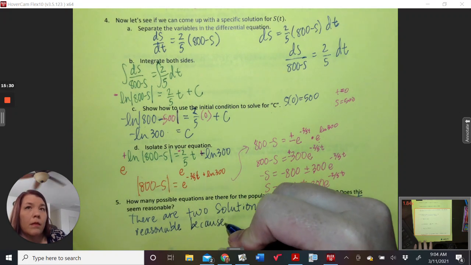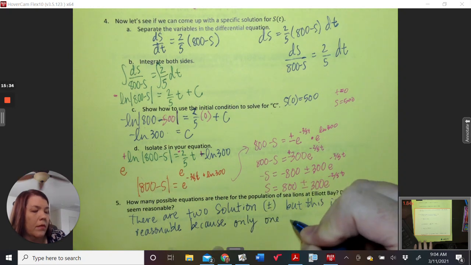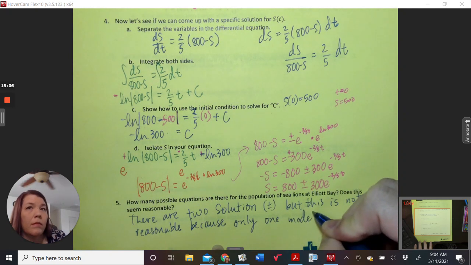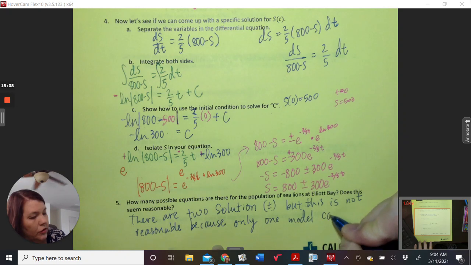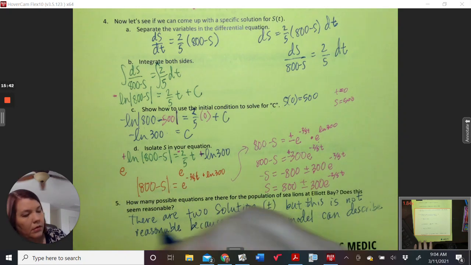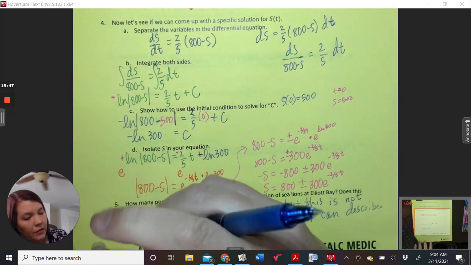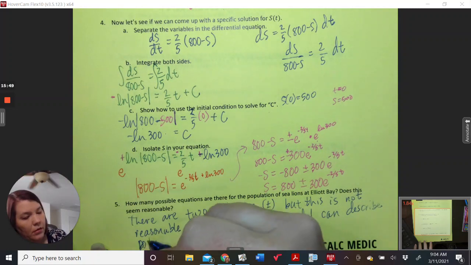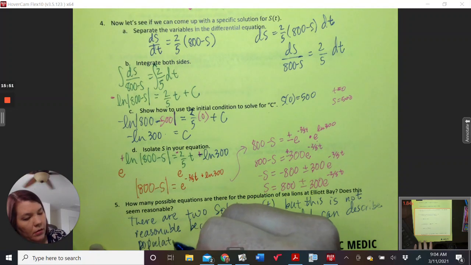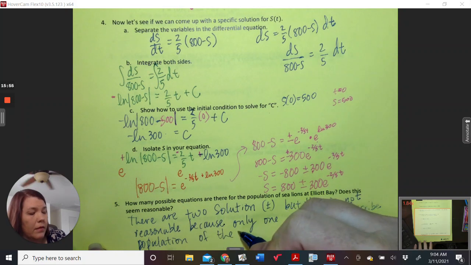Only one model can describe the population of the sea lions. Now, which one should it be? Should we use the plus or the minus?